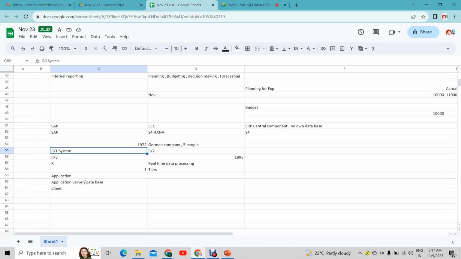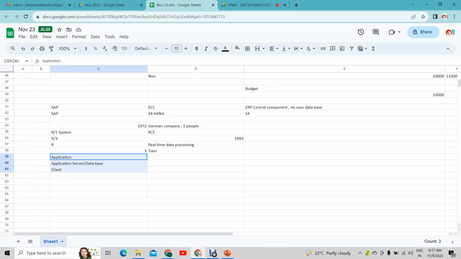Landscape in the sense of a development system, a quality system, and a production system. They asked, no, that is not available. Then they spent 21 years. Finally, in R3, they separated the application. The application is separate, and they have a database, and they have a client. The client also differentiates your application.